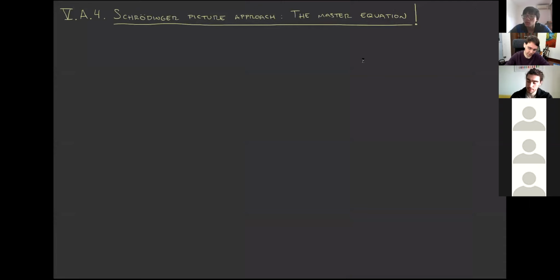This means that the first thing that we should do is write down the evolution equation for the state of the whole system, including the external and internal degrees of freedom. So let me write it.